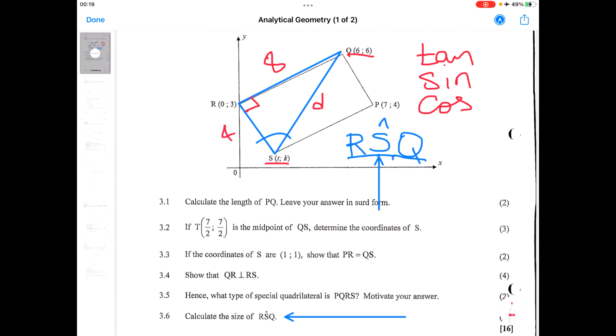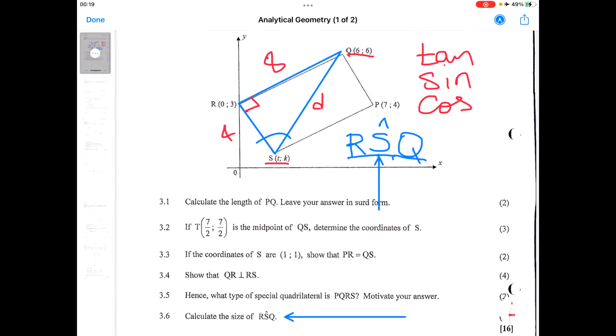So now you're going to ask yourself, which trig ratio will be suitable for you to calculate that angle at S?